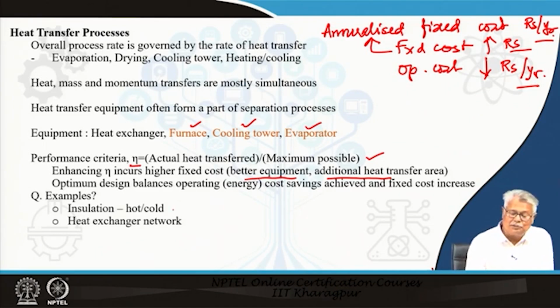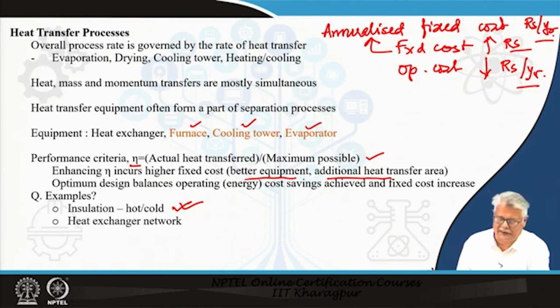By insulating more, by adding either an insulation material with a lower thermal conductivity or increasing the thickness of the insulation, what we do? We add fixed cost. What we save? We save energy. If it is a hot fluid, or if it is a cold insulation, then we save cold. That means the cold losses are less.